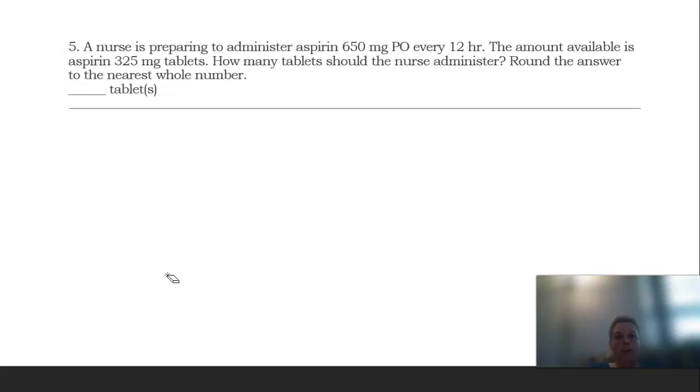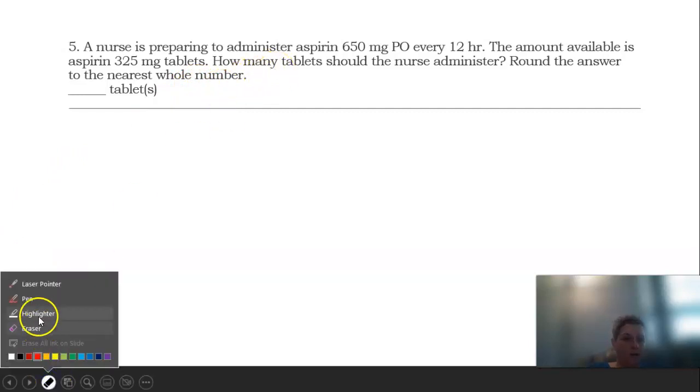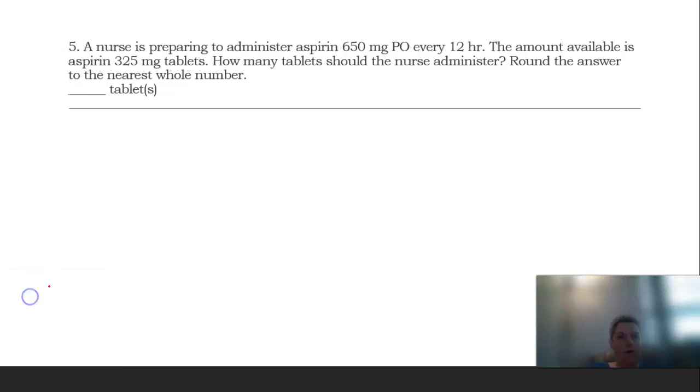The nurse is preparing aspirin 650. The amount available is 325s. What is it asking me for? Simply, how many 325s equals 650?